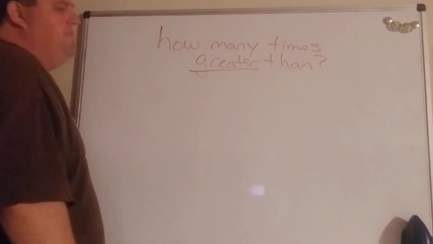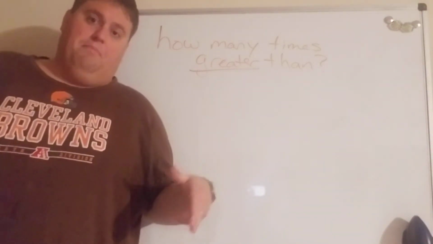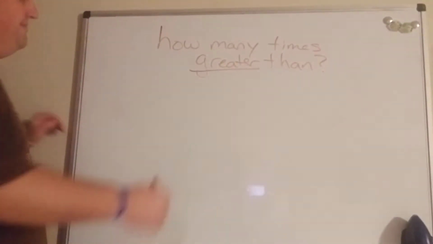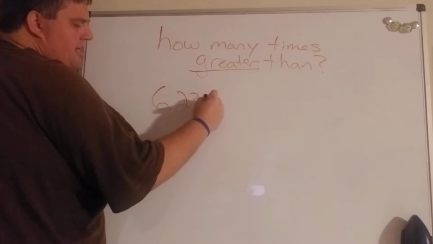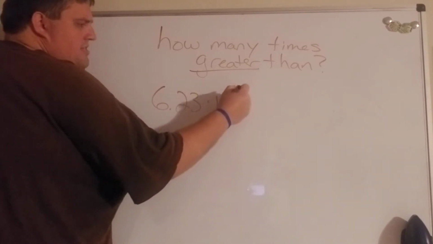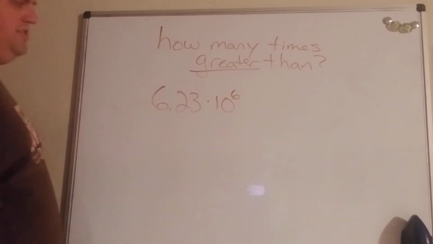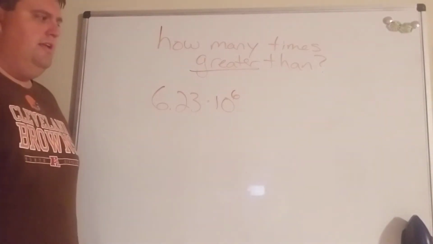So for example, if it said something like Ohio State has 6.23 times 10 to the 6th students that attend there, right? That's a lot of students.